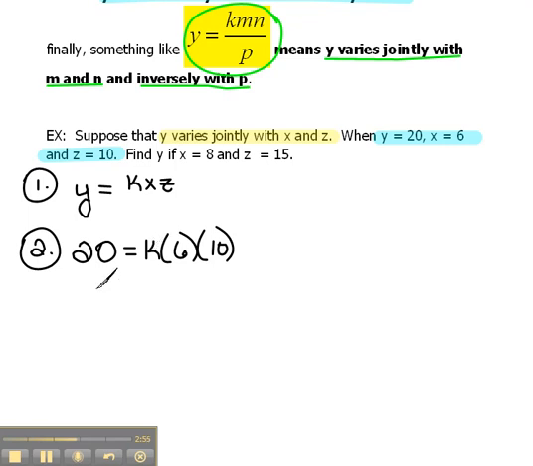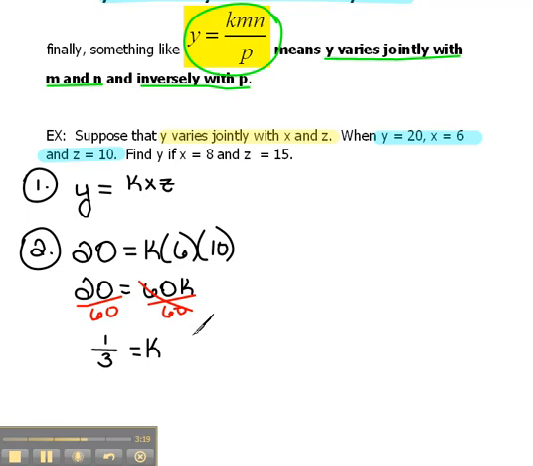So now we can solve for k. So that means 20 would equal 6 times 10 would be 60, so 60k. And then dividing both sides by 60 and reducing our fraction, 20 over 60 will reduce to 1/3. So now we know that k equals 1/3.